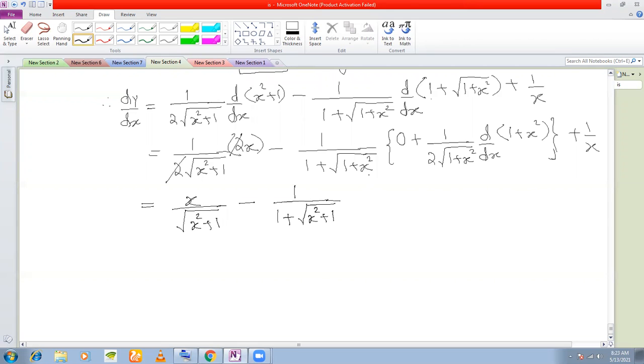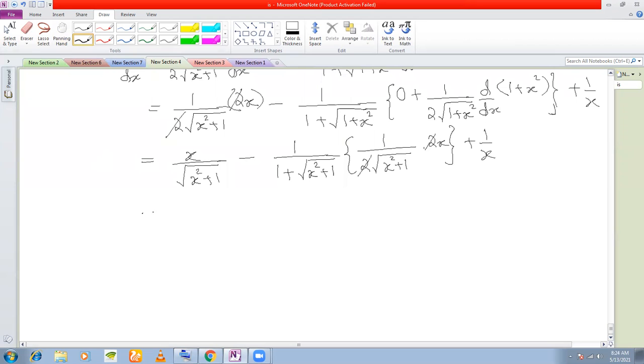And here, what are you left with? You have 1 by 2 root x square plus 1 into d by dx of 1 plus x square, you know, is 2x, right? 0 plus 2x plus 1 by x. Now this 2 and this 2 will cancel. Okay, now we'll see what we are getting.